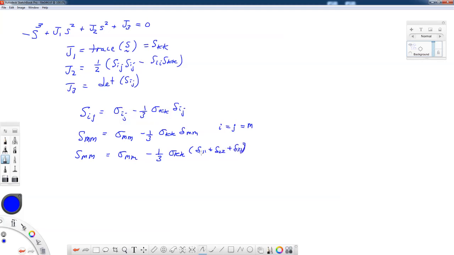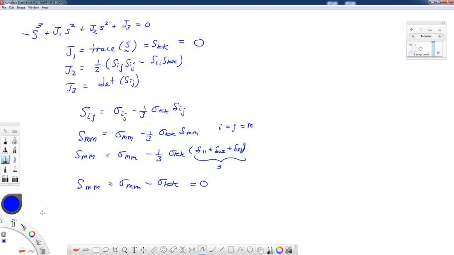By definition of the Kronecker delta, this is equal to 3. So we have 3 divided by 3. And SMM then is just equal to 0. Okay, so this is something that's very important now. We've just shown that the deviatoric stress tensor's first invariant is equal to 0.